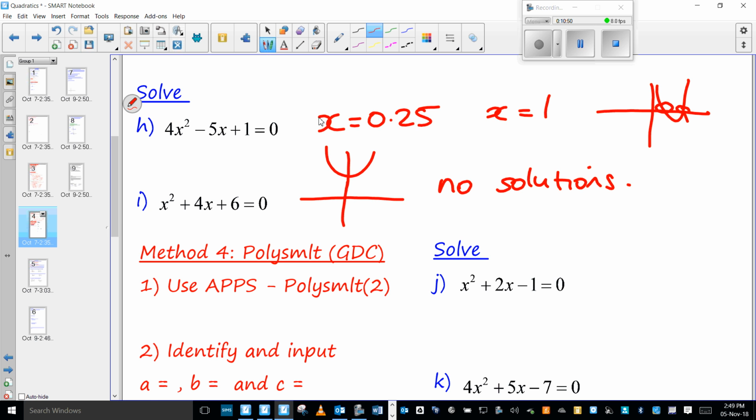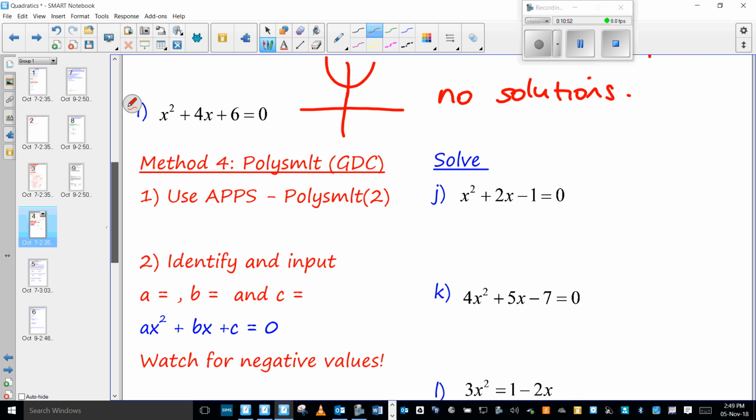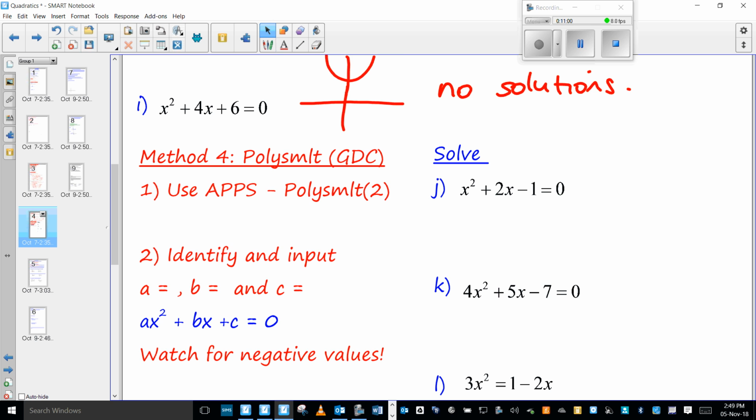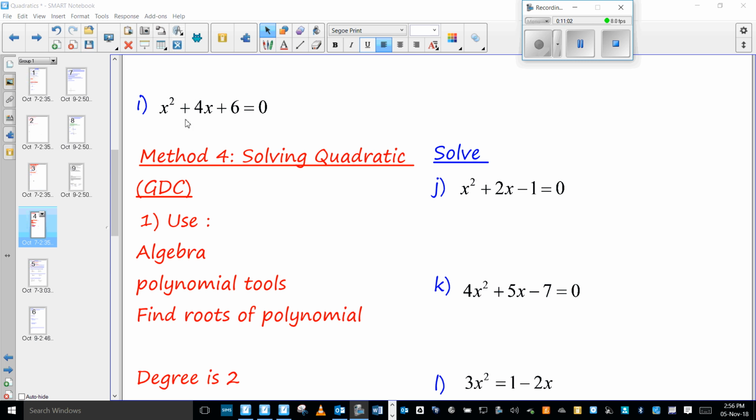The other method is obviously, I need to change this, apologies. It used to be called polysmol, but yours isn't called that. Let me find out what it's actually called. Alright, so our final method is connected to the quadratic formula.